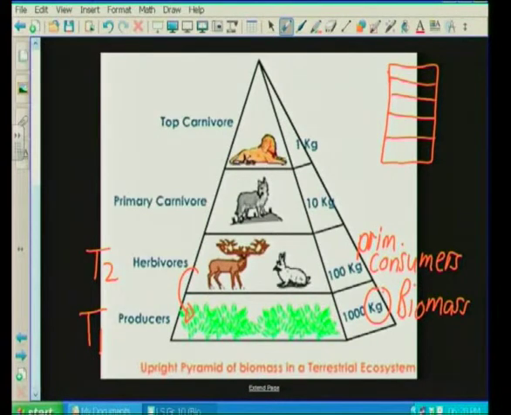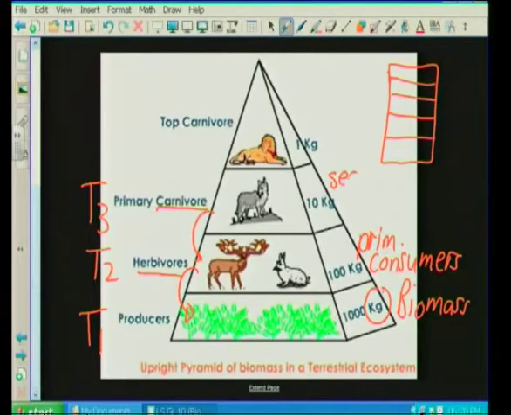On the next level, which is T3, trophic or feeding level 3, we have carnivores. Herbivores eat plant material, carnivores eat other animals, or they eat meat, and therefore we call them carnivores. Primary carnivore just means that's the first carnivore in this chain.